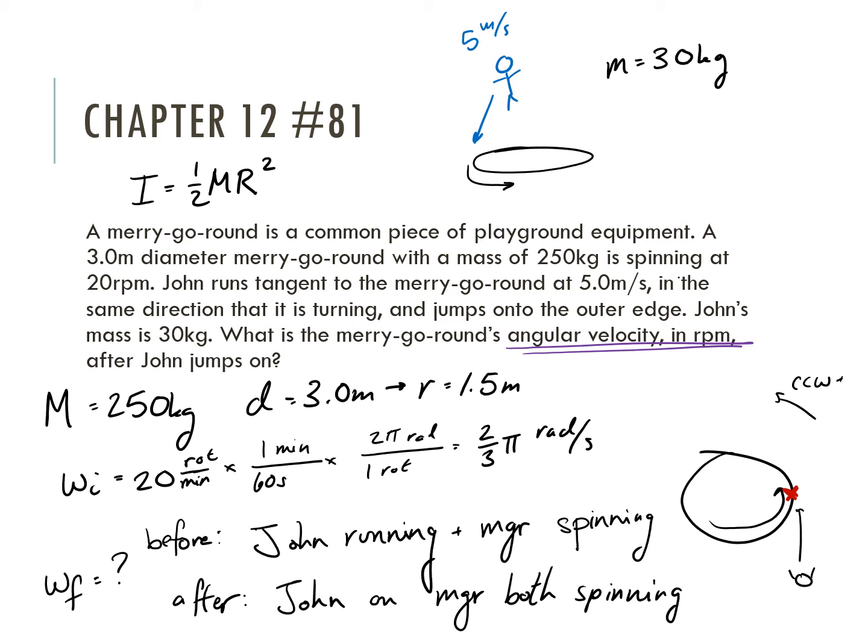So let's go ahead and set up what we have so far in terms of equations. We're going to have the angular momentum of John plus the angular momentum of the merry-go-round. So this is our before. This is John, and here we have the merry-go-round.